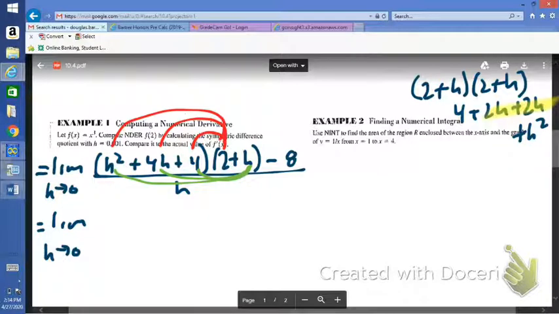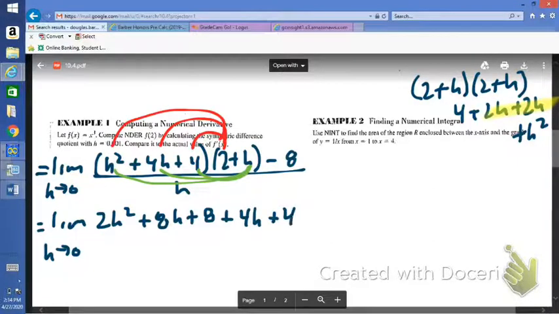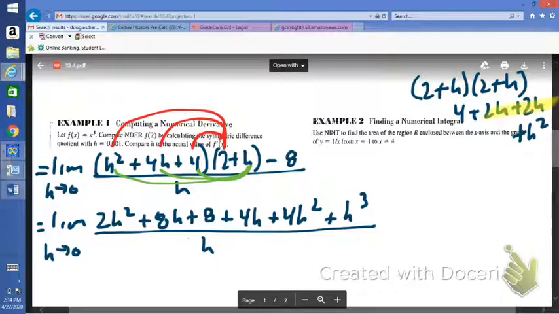So we're going to have 2h squared plus 8h plus 8 plus 4h plus 4h squared plus h cubed all over h.